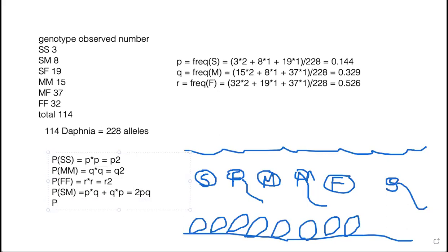And by the same reasoning, the probability of getting an SF offspring is equal to 2PR.